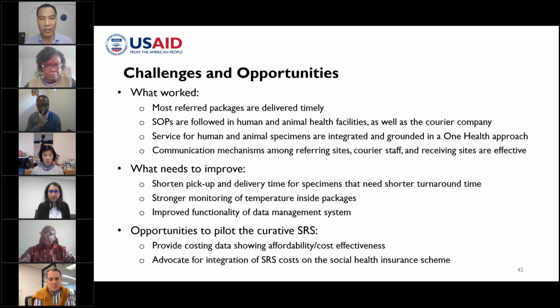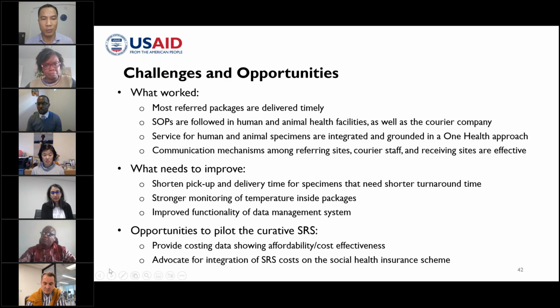So the time in transit is recently improving. The SOP for packaging is followed quite well, and other biosafety SOPs are also good. The services for human health and animal health are integrated, and that is a good thing, as we can operate the system for both sectors in a One Health approach, and the communication between all the people involved in the system is also effective.